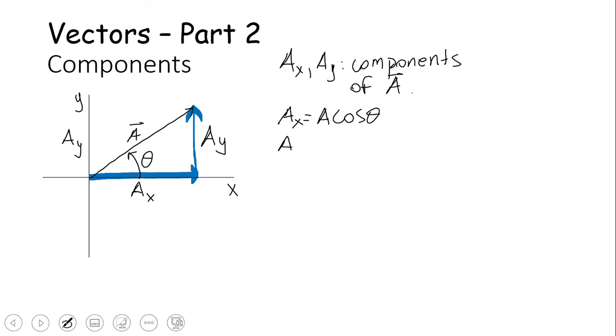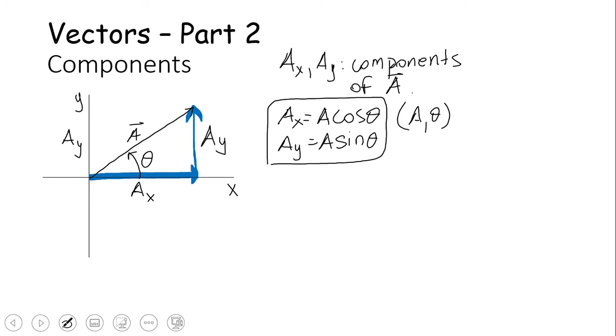And a sub y, because it's opposite, is given by a times the sine of theta. This set of equations here allows us to determine, if we know the magnitude and the angle, how to get the components a sub x and a sub y.